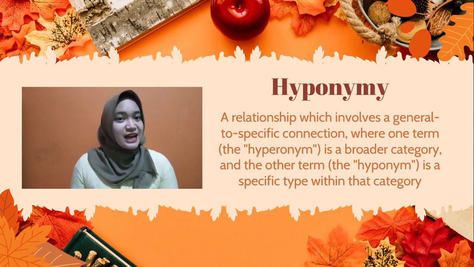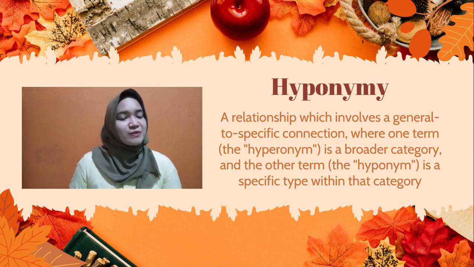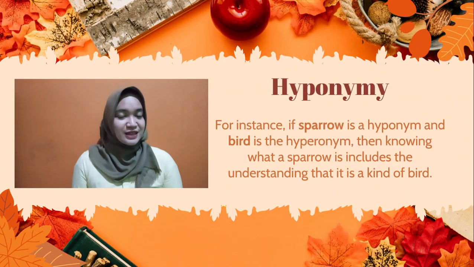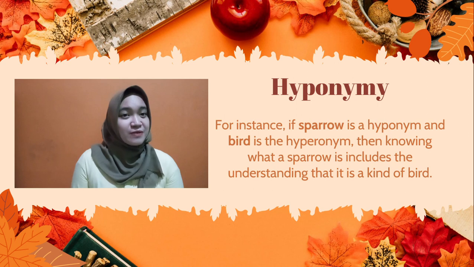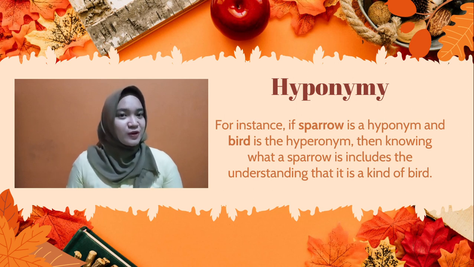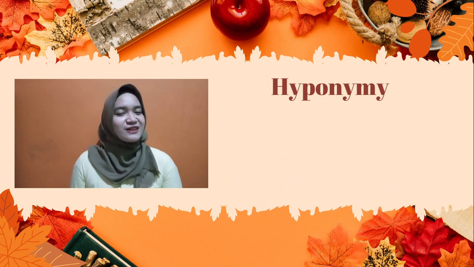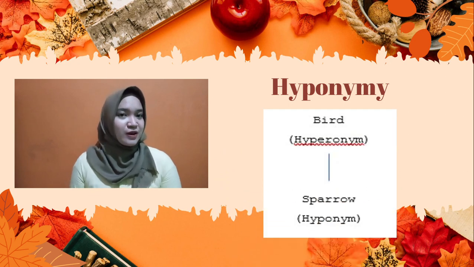If A is the hyponym of B, then the meaning of A must be more specific than B. The comprehension of the hyponym includes the hyperonym as well. For instance, if sparrow is a hyponym and bird is the hyperonym, then knowing what a sparrow is includes the understanding that it is a kind of bird.